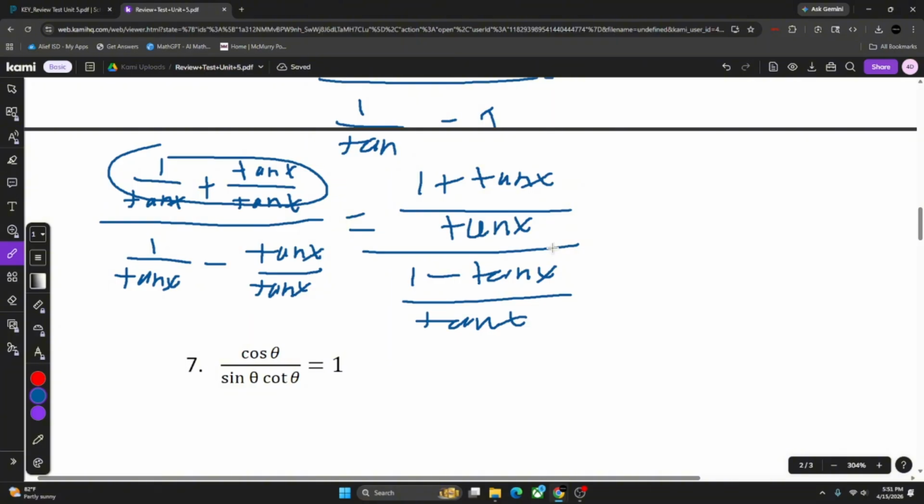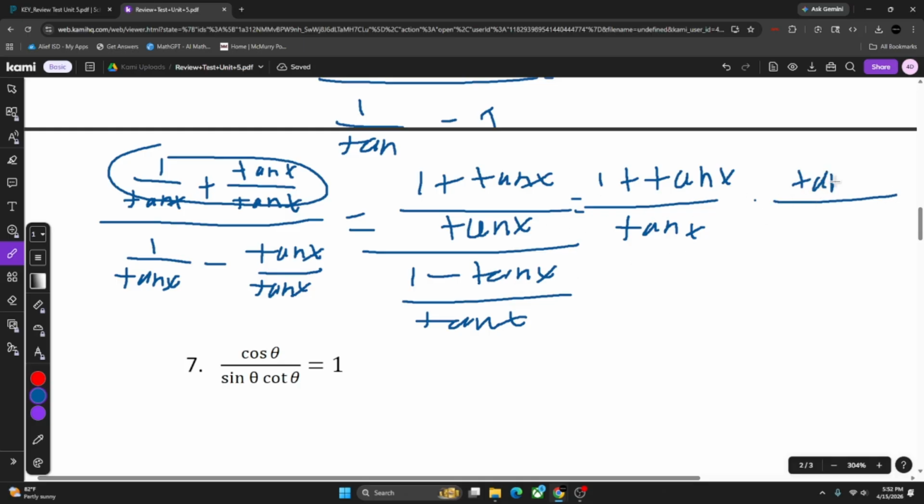Then, because you're dividing a divide, over tangent, this is basically this, because when you divide a divide, you actually multiply it.